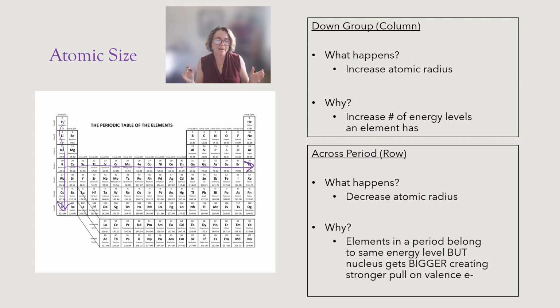But the electrons in calcium, because there's an extra proton there, they feel that pull from the nucleus more. And so it just kind of pulls them in a bit more. And so as you move across a period, you are adding more and more protons. And so it's pulling those electrons in tighter, and so it makes the atom smaller.